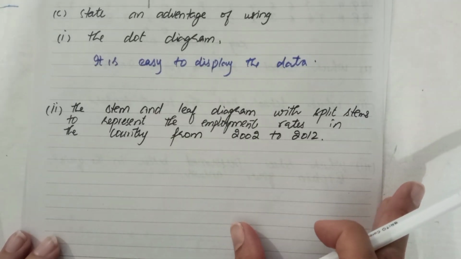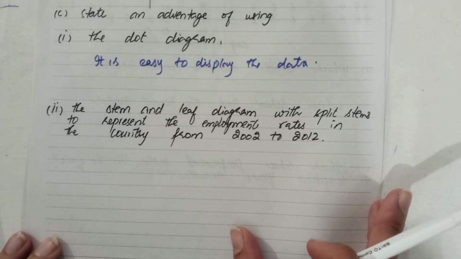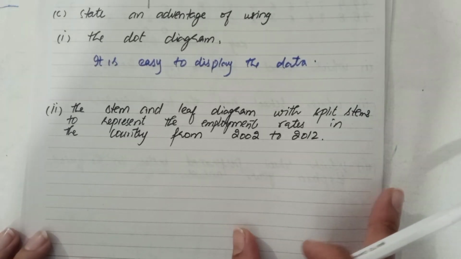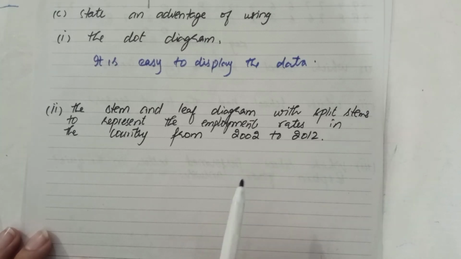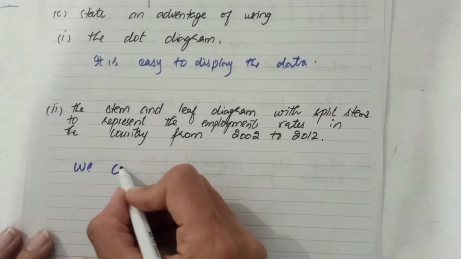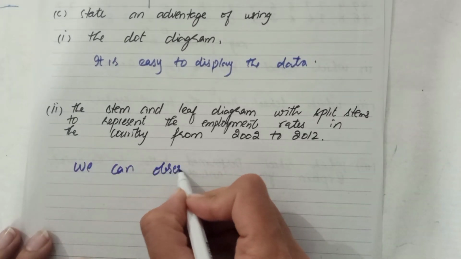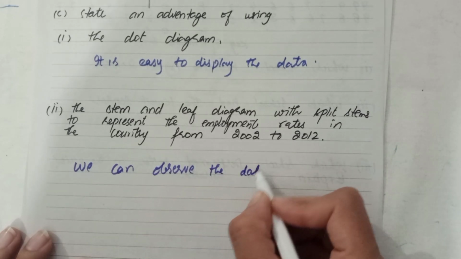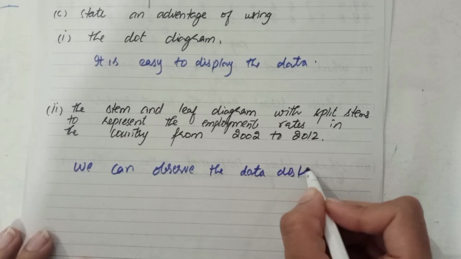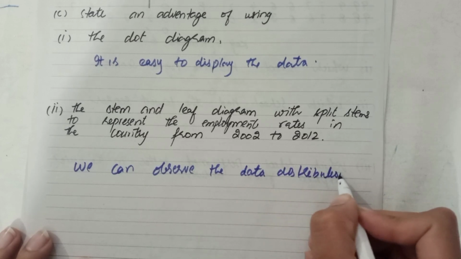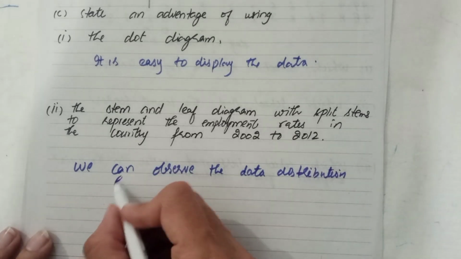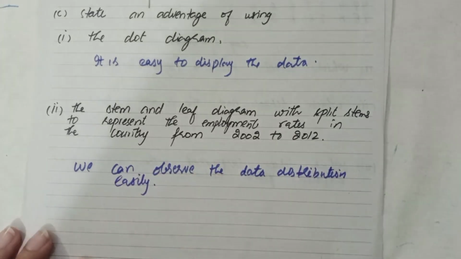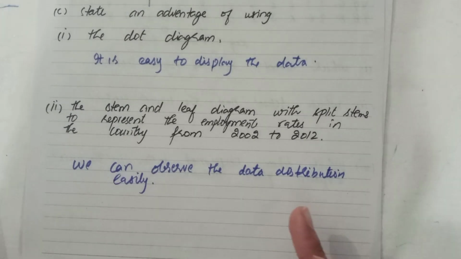In a stem and leaf diagram, we can also write that we can observe the data distribution easily. Very simple. You can write any advantage.